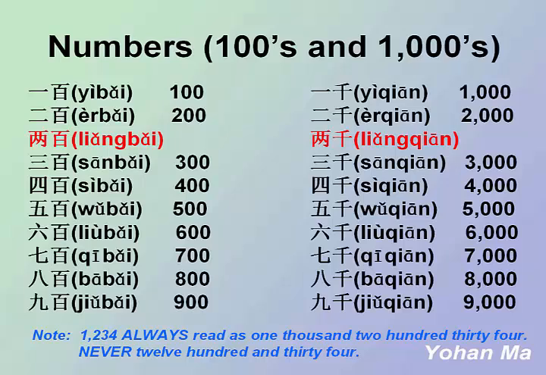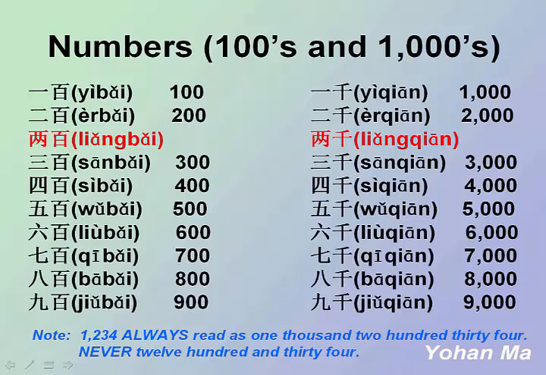Although 5 and 9 are third tones in Chinese, since 百 is a third tone, the one before it with the third tone should be changed to second tone. 500, 900. We've covered that in the previous videos. Go back there and you can learn more about the third tone.